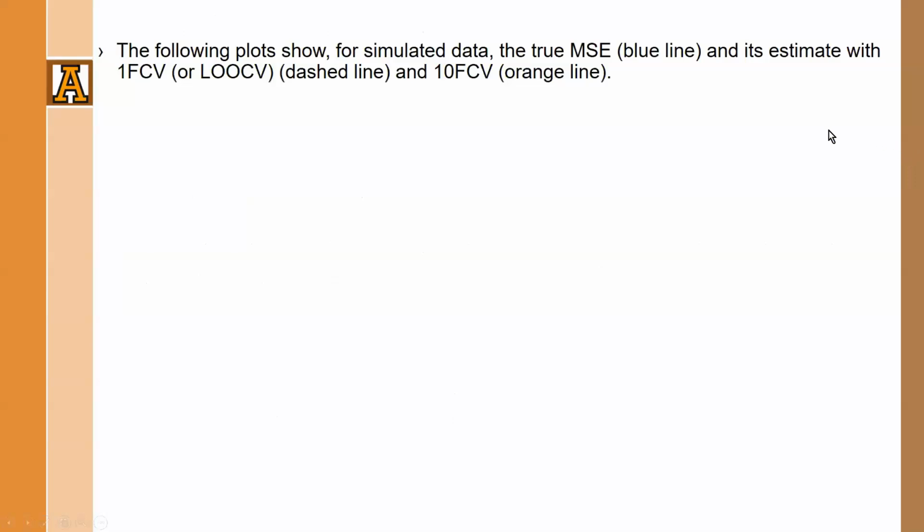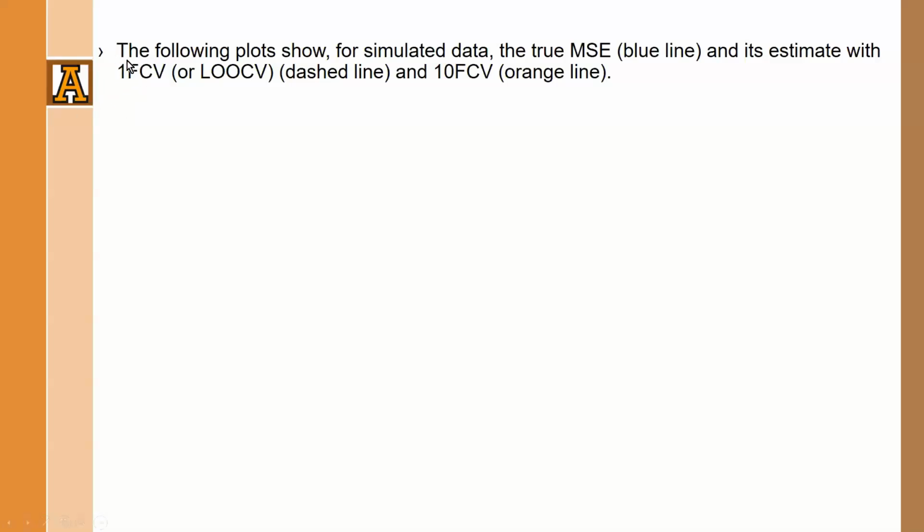Now, we're going to see again simulated data, and we're going to see the true mean square error. Because it's simulated, we know what the true mean square error is because we know what the true model is. And its estimate with n-fold cross-validation.